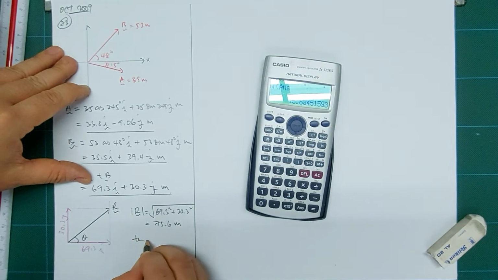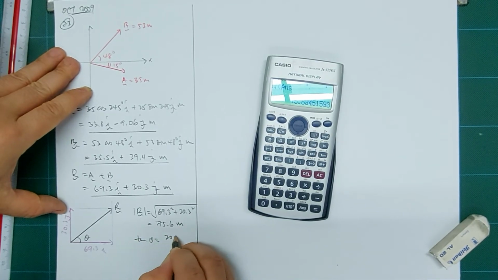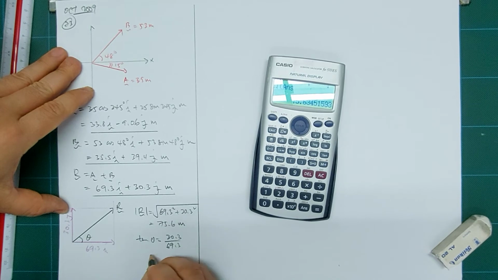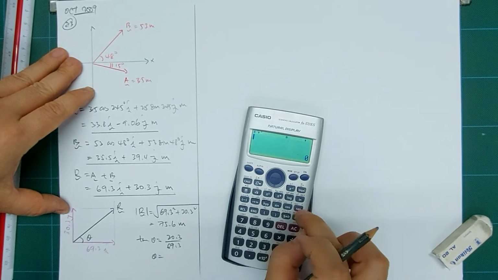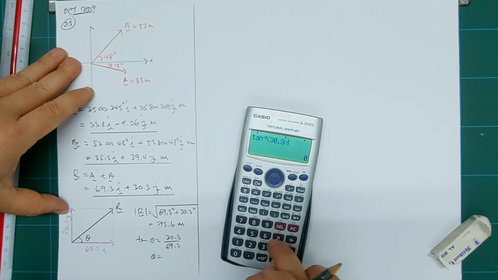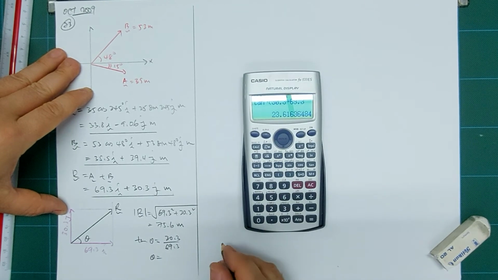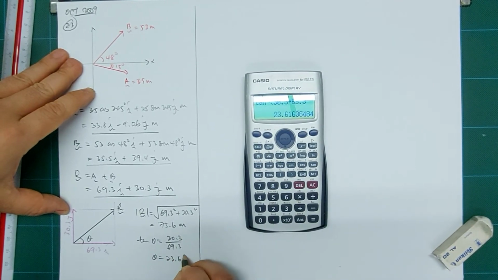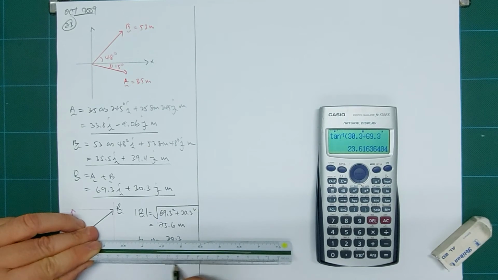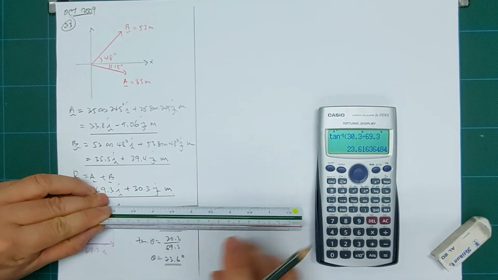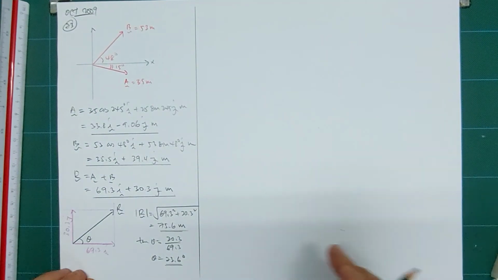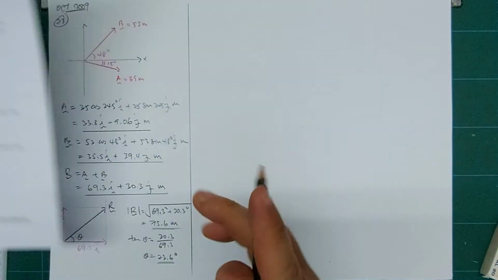And then the angle: tangent theta is 30.3 divided by 69.3. So arctangent of 30.3 divided by 69.3, 23.6 degrees. So that's our answer. We have repeated this type of question so many times. Okay, next question. April 2009.